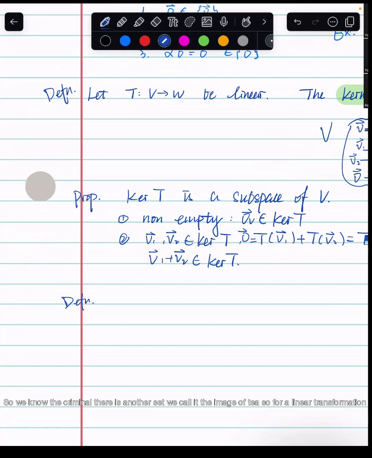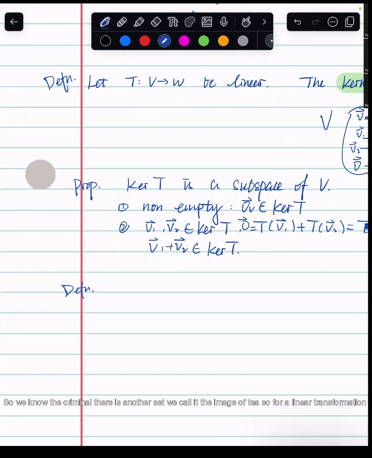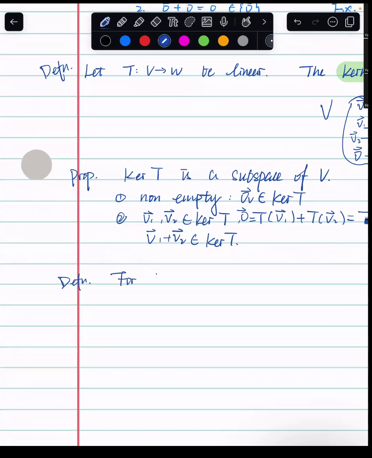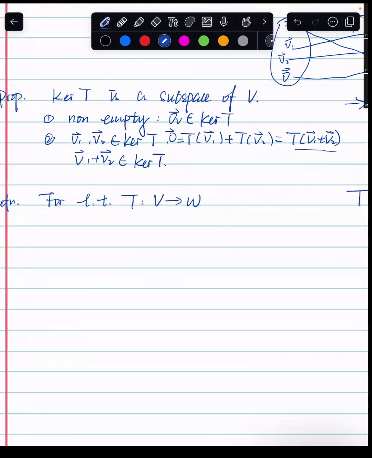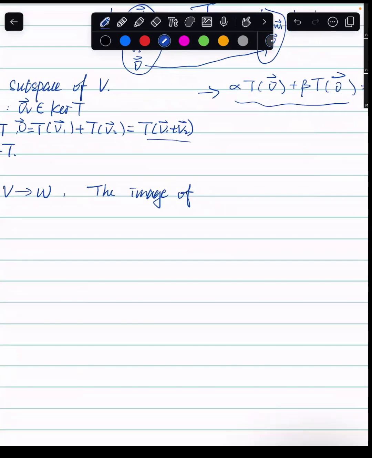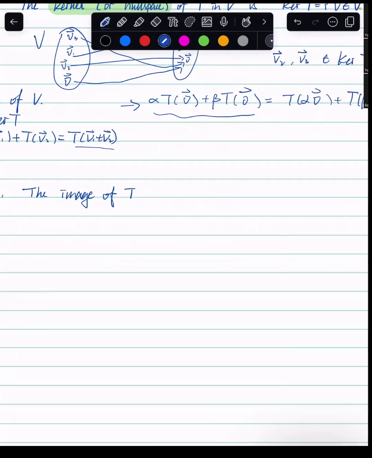There's another set, we call it the image of T. So for a linear transformation again from V to W, you might already have seen it with the name range.